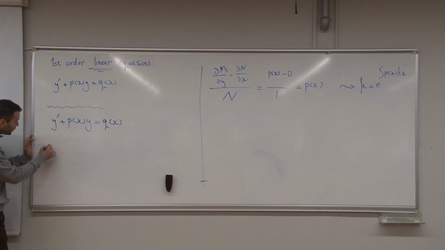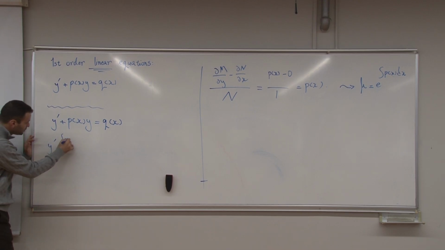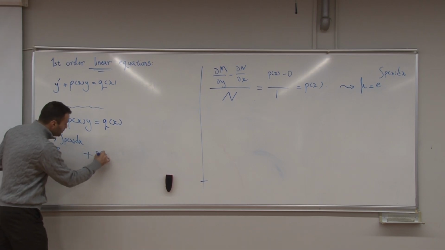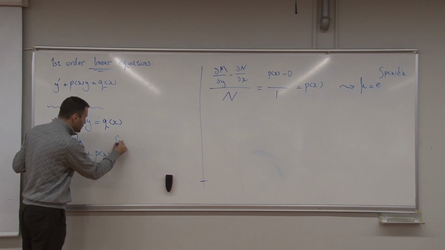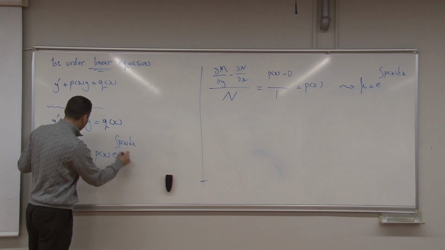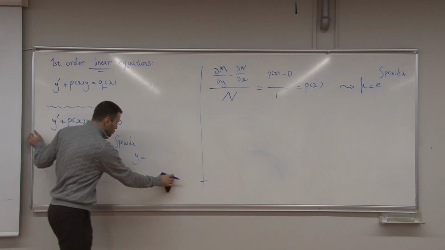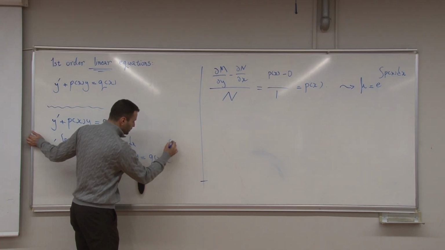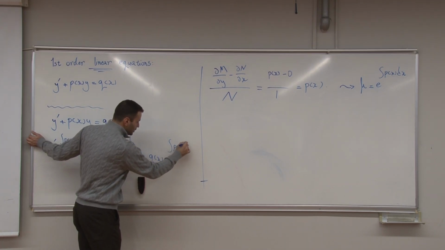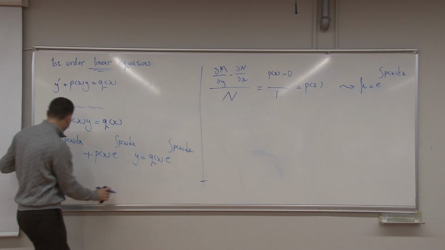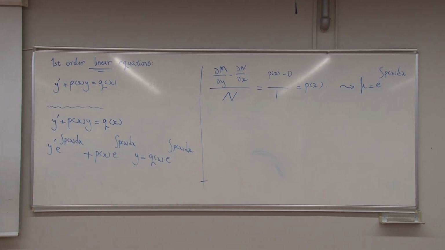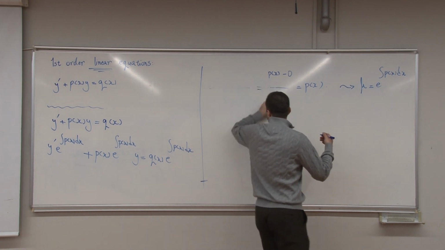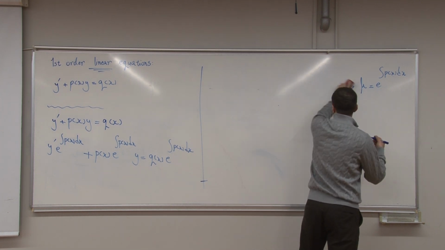This is going to be y prime e to the power of the integral of p of x dx plus p of x e to the power of the integral of p of x dx times y equals q of x e to the power of the integral of p of x dx, okay? Let me first give you some examples. Maybe it is going to be much clearer.